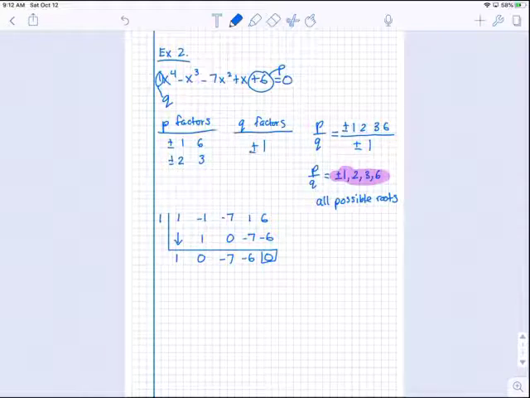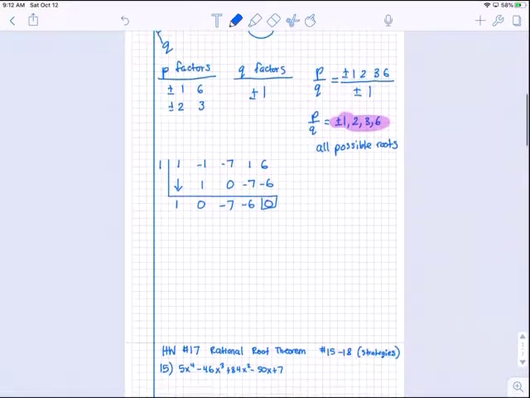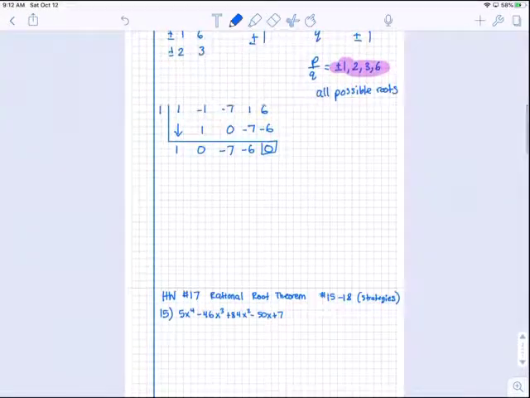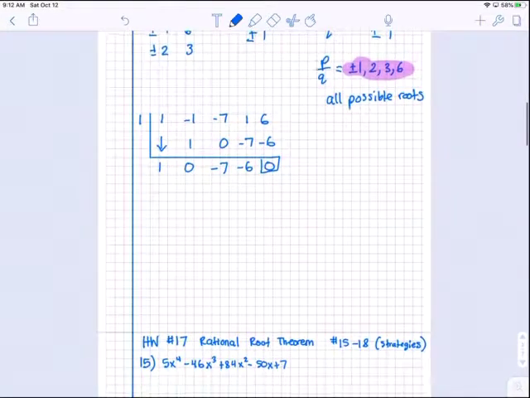Now here is a new technique to save us some time. You guys know you can stop when you get a trinomial. But we don't have a trinomial here. We have 4 terms.